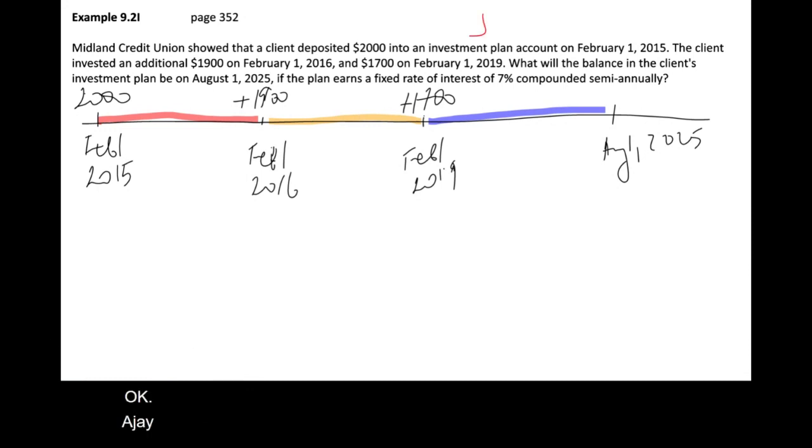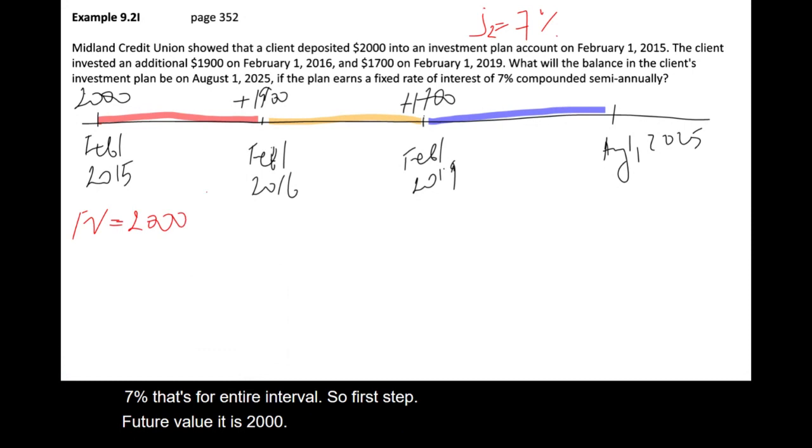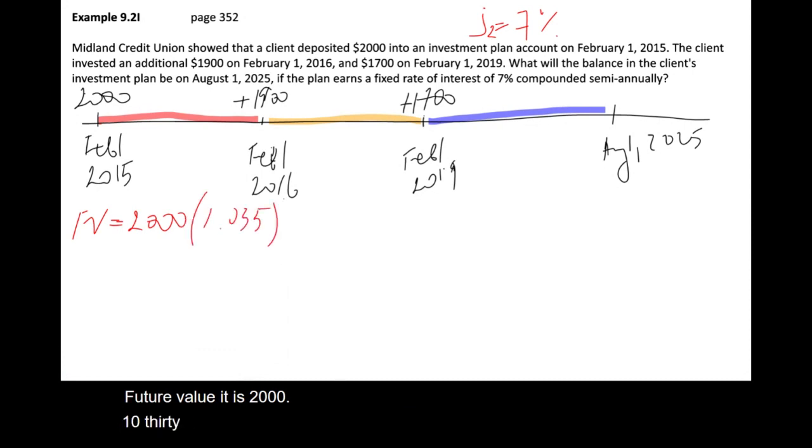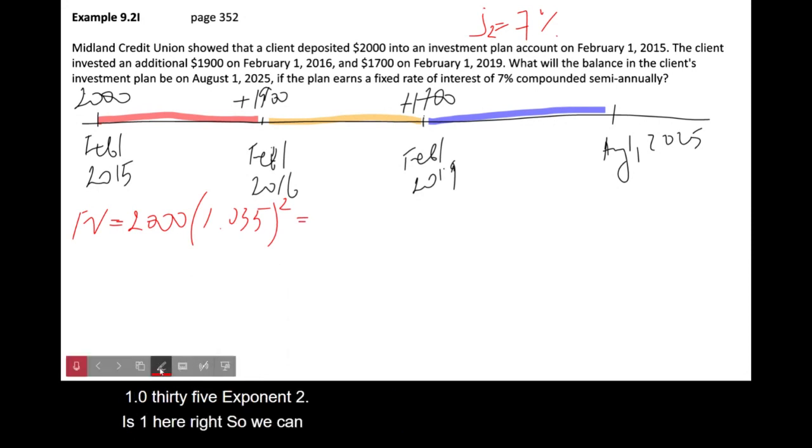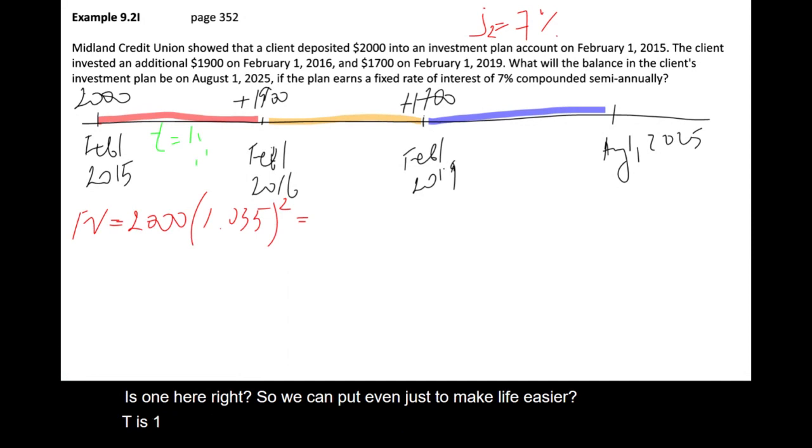J2, 7%, that's for entire interval. So first step, future value, it is 2000 times 1.035 with exponent 2, is 1 year, right? So we can put, even just to make life easier, that t is 1 year.